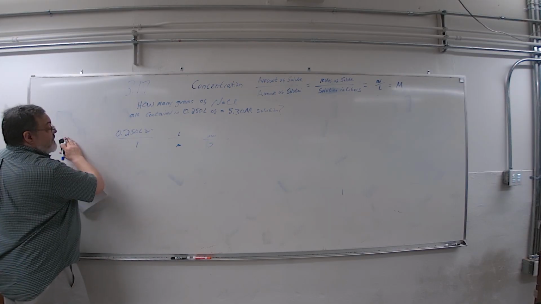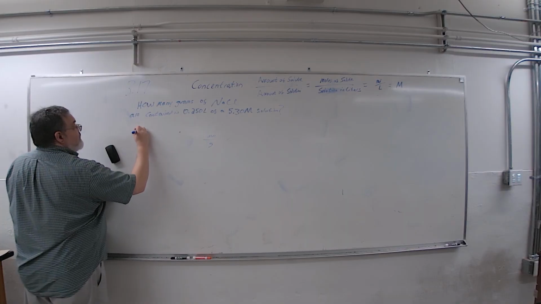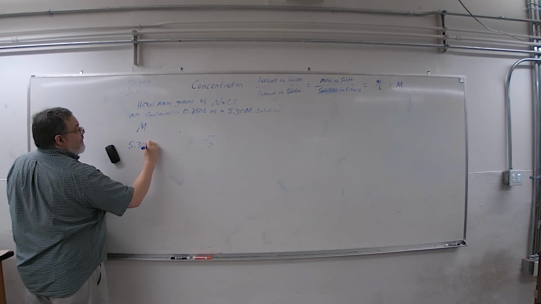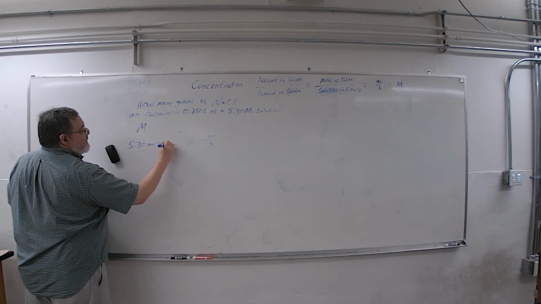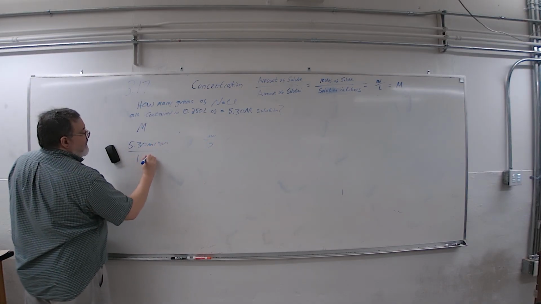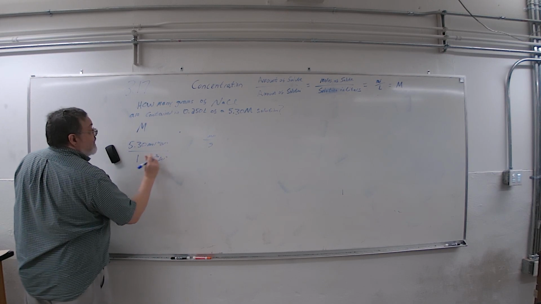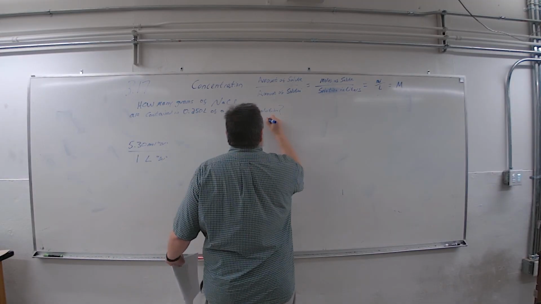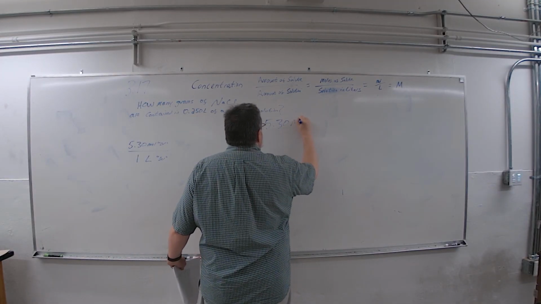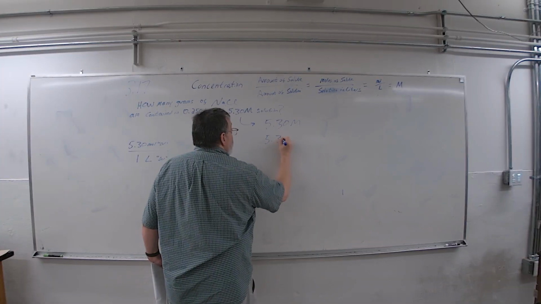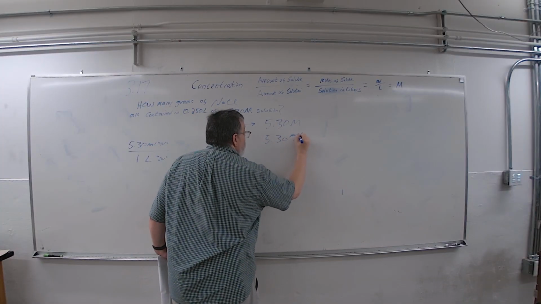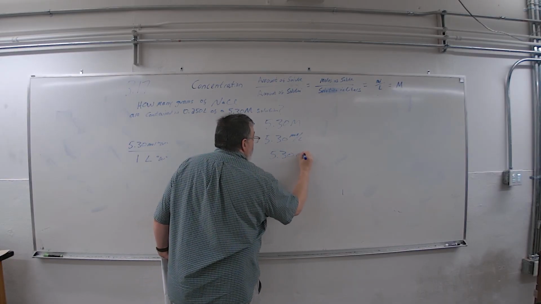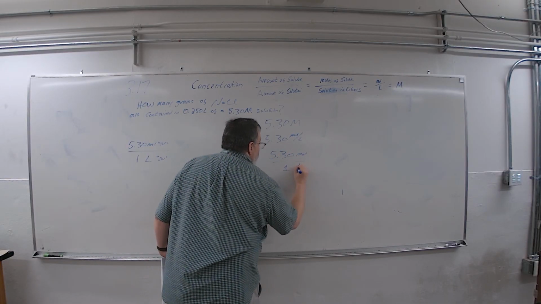Let's do this. I'm going to write the molarity first. It is 5.30 moles of solution. Like I said before, turn that into 5.30 moles per liter, and then turn that into 5.30 moles over 1 liter.